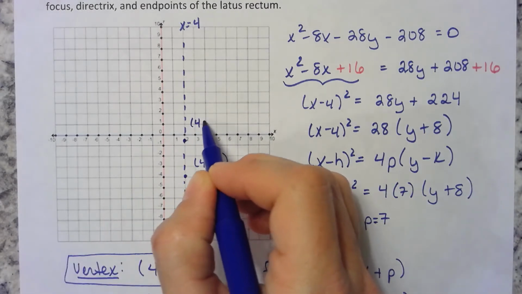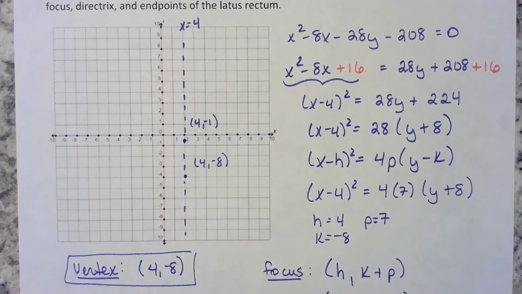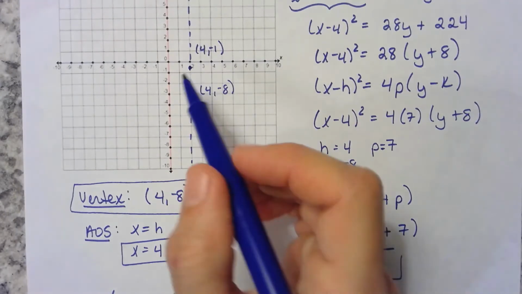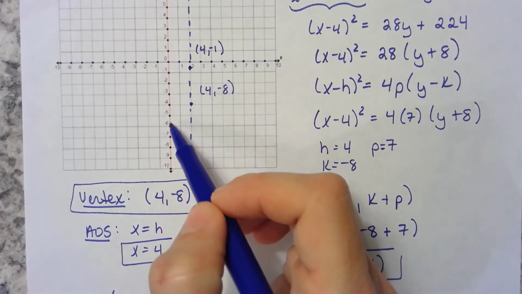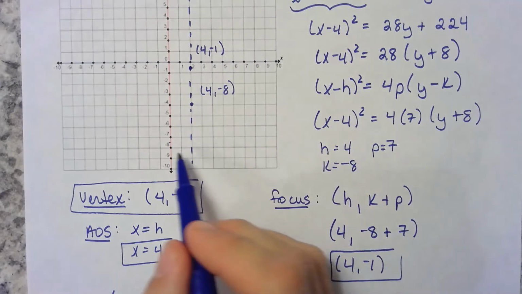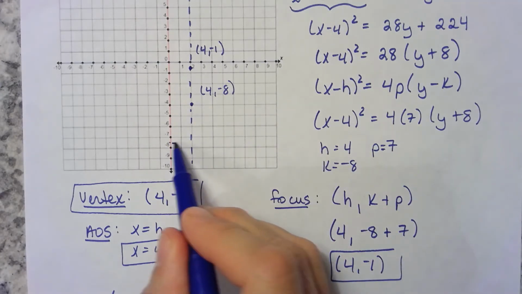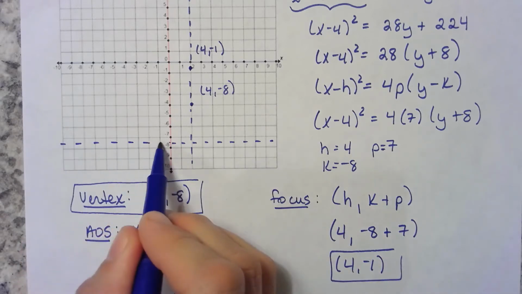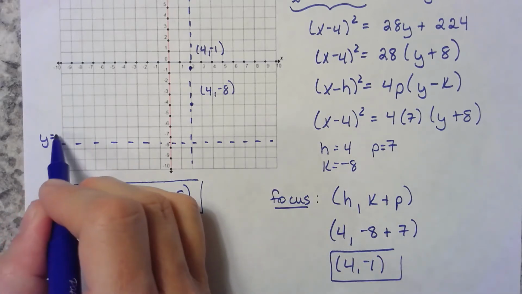So let's put that here, (4, -1). Our directrix is y equals -15. So go to y equals -15: 2, 4, 6, 8, 10, 12, 14, 15. So this is where our directrix is going to be. This is y equals -15.